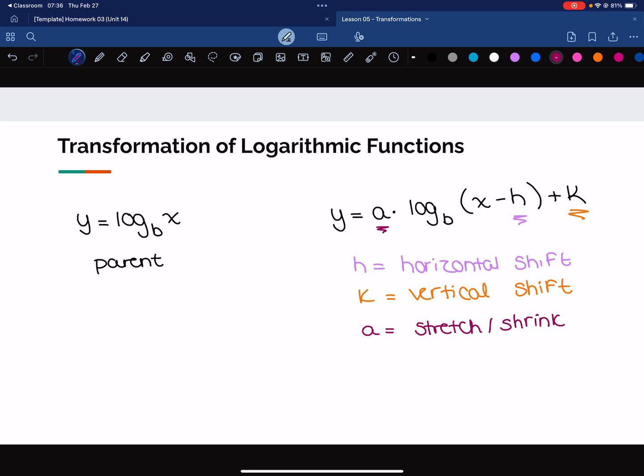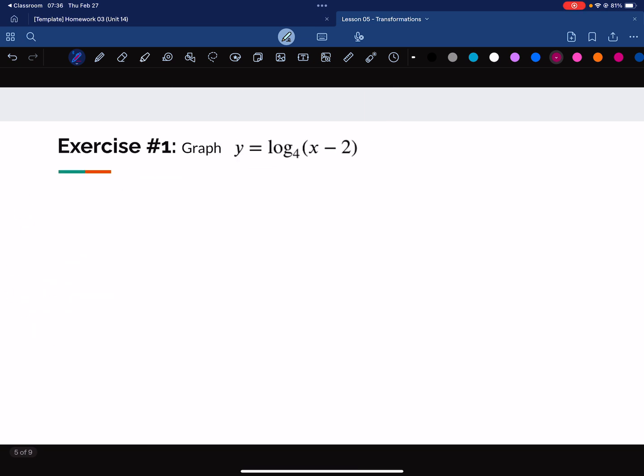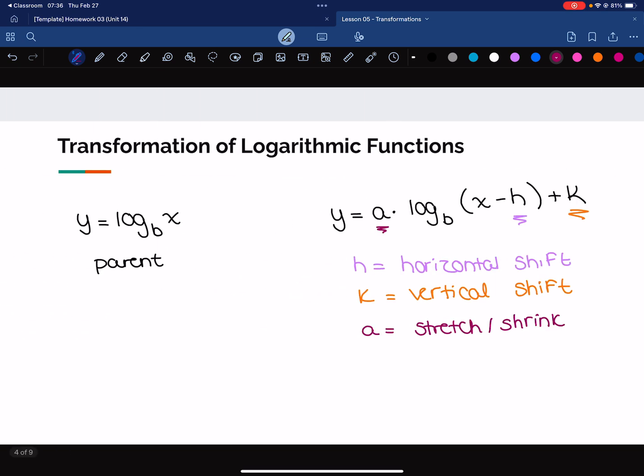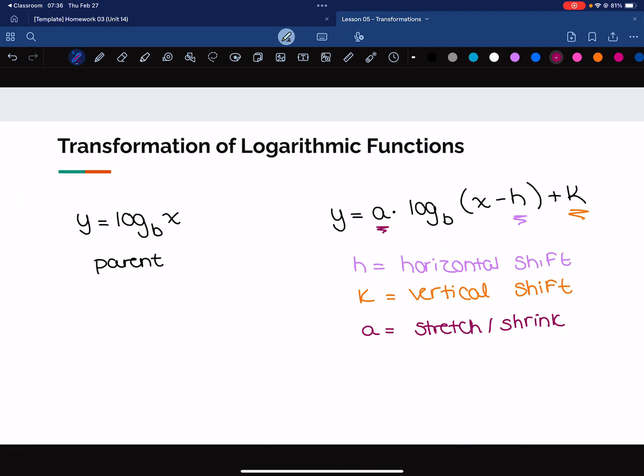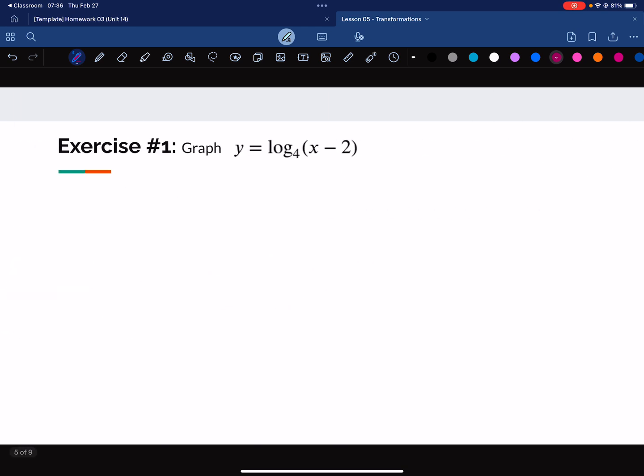So that being said, having that formula, we saw ideas that happened yesterday. When I go to graph this, the reminder is that first I'm going to graph the parent function.